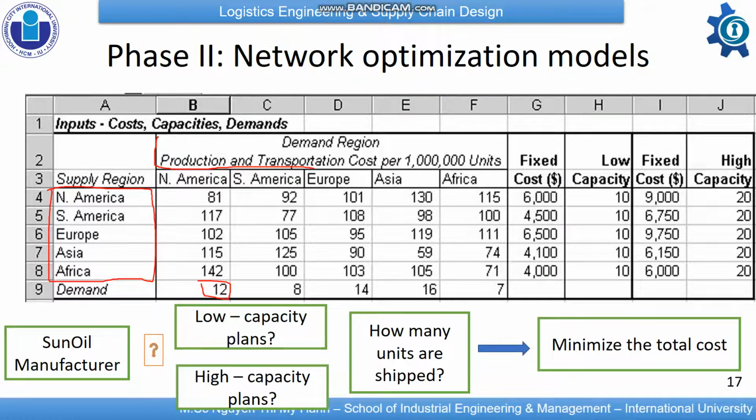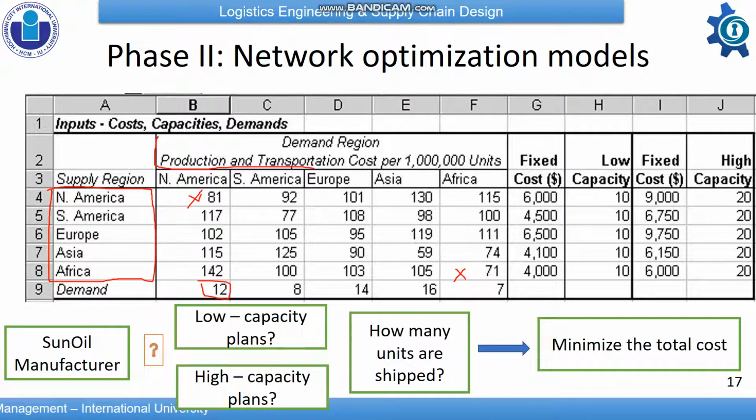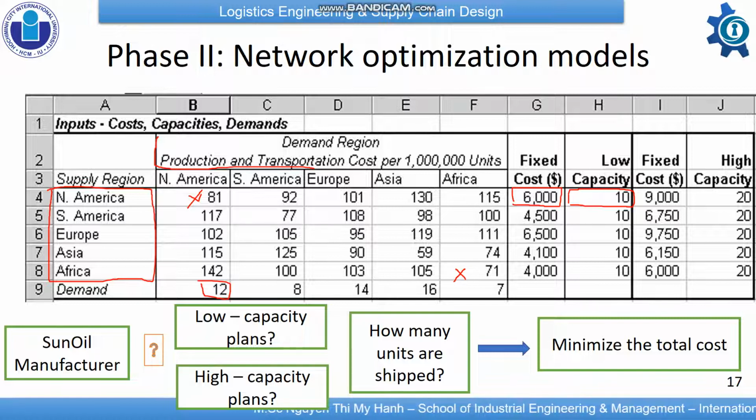And here from B4 to F8 is the production and transportation cost per 1 million units. And we have the fixed cost. If we open a facility with low capacity in North America, it costs us $6,000. If we locate the low capacity facility in South America, it costs us $4,500.